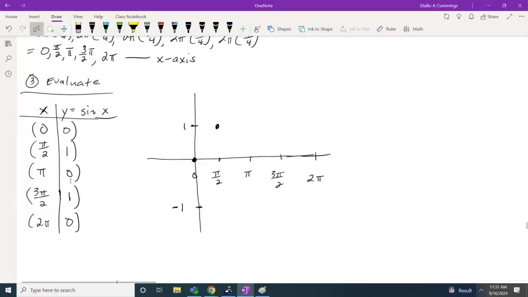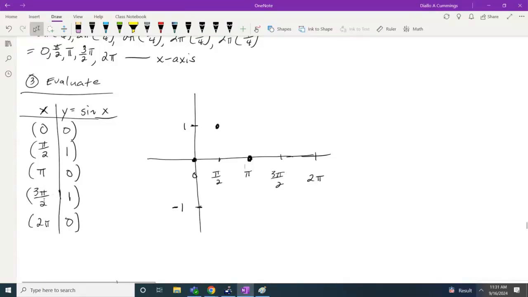The next point is pi, 0. Right, so I'm at the origin. My x coordinate is pi, so I go pi units to the right. My y coordinate is 0, so I'm not going to move up or down. I'm going to stay on the x-axis.